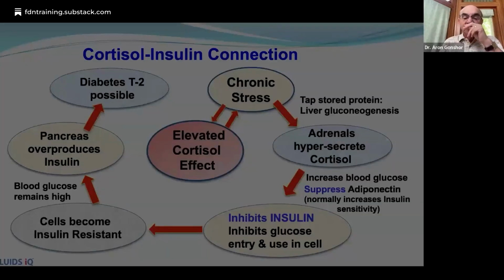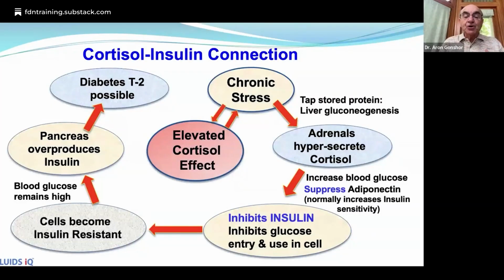But what happens if there's chronic stress? If there's chronic stress, there's ongoing elevated cortisol. It just doesn't stop. So, with chronic stress, yes, you are tapping the proteins, you are getting the liver to produce glucose. The adrenals are hypersecreting cortisol because the stress doesn't stop.